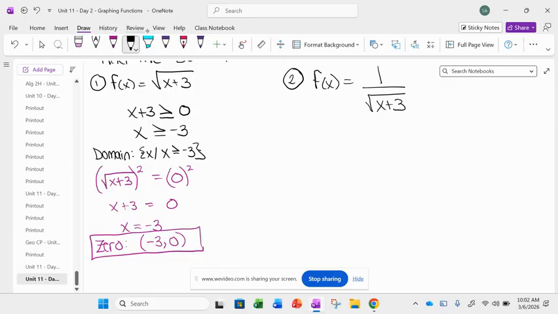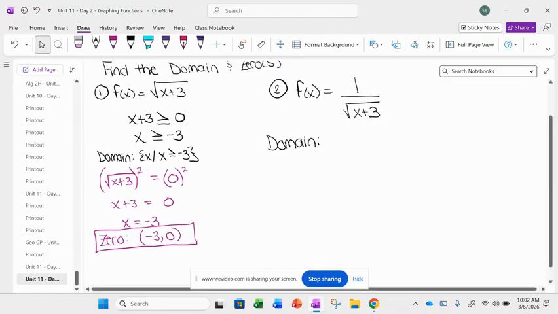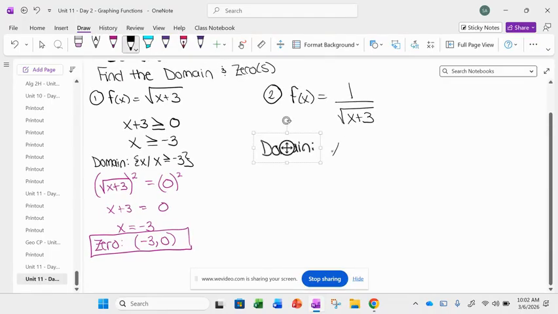So here, when we come to find the restrictions on the domain, I have to take my whole radicand, x plus 3, but now it's not that it should be greater than or equal to 0. It can't be equal to 0. It must only be greater than 0.